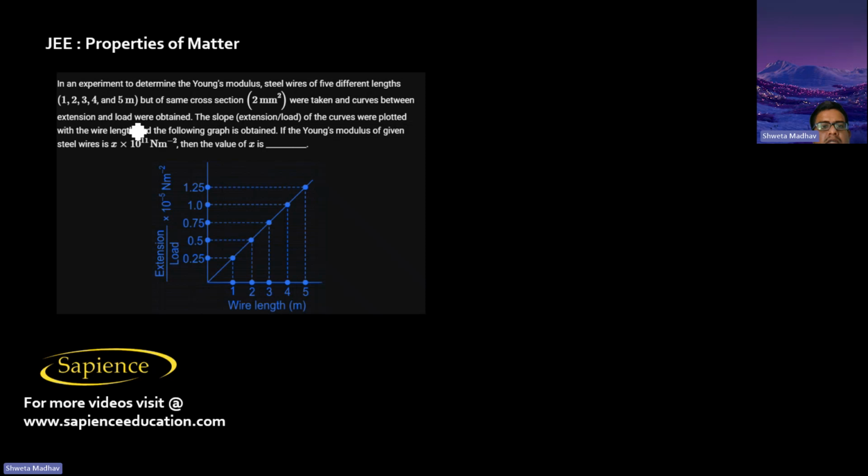And here it is told in an experiment to determine the Young's modulus, steel wires of 5 different lengths but of same cross section were taken and curves in between extension and load were obtained.